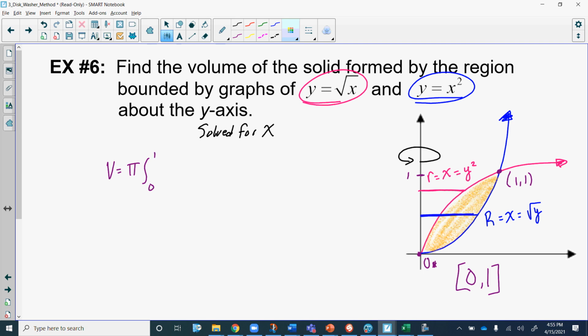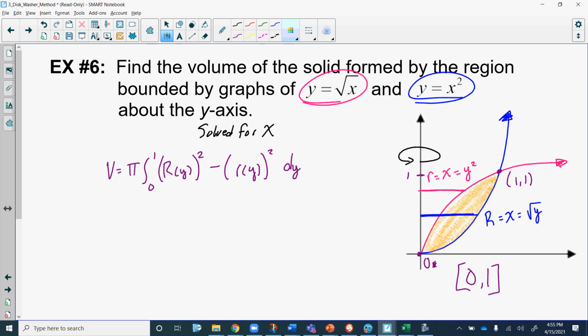So 0 to 1, and we're going to do the larger, the outer radius, and in this case it's going to be in terms of y, and we're going to square that. And we're going to subtract the smaller radius, also in terms of y, and we're going to square that.